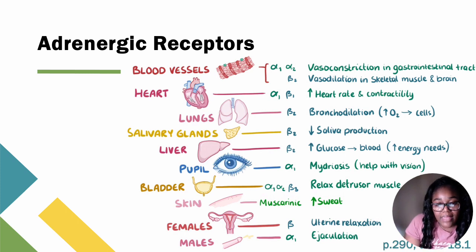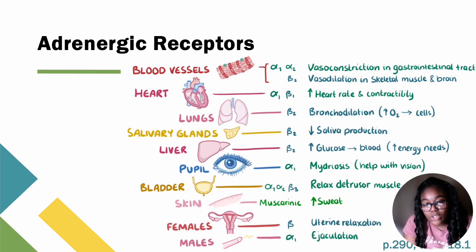but really the main thing you should take away from this slide is the blood vessels. You have that vasodilation in the skeletal muscle and in the brain. You have vasoconstriction in the gastrointestinal tract because you don't need that. You have an increase in heart rate and contractility.